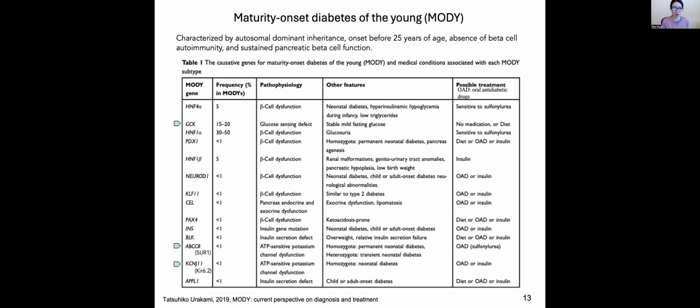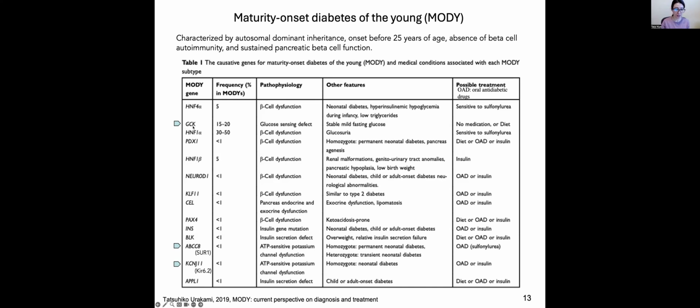And these genes are very important in the insulin secretory pathway. We learned about all the genes in the pancreatic beta cell that are involved in insulin secretion. You can imagine if one of those genes has a mutation, the insulin secretion will be affected, correct? So let's take a look at some of them.